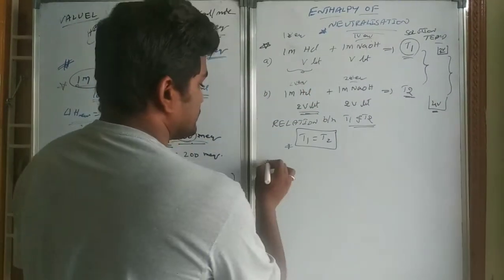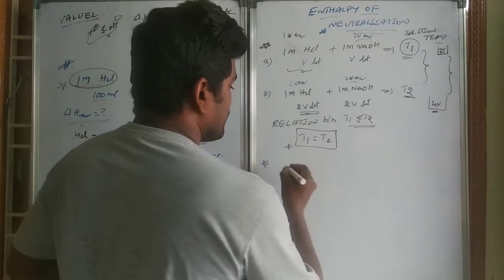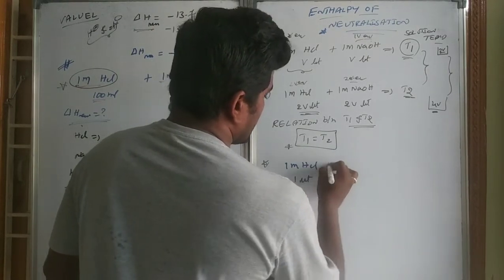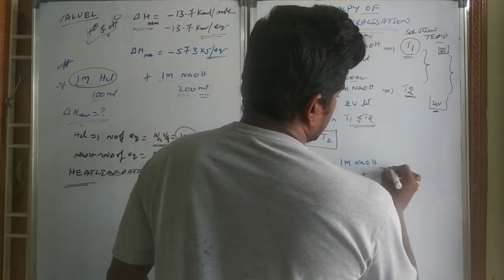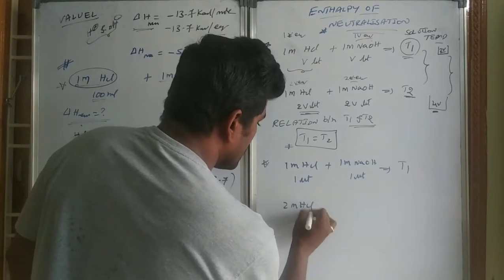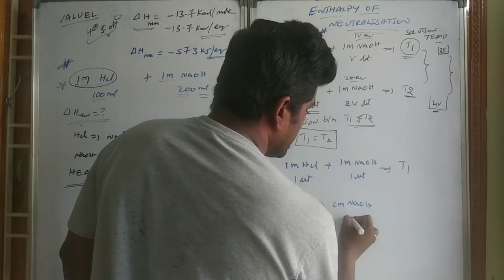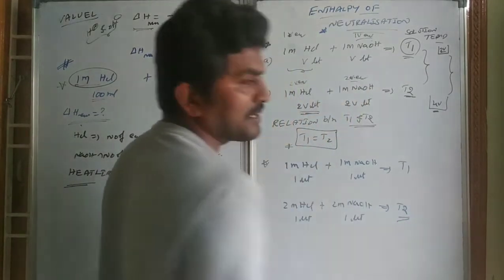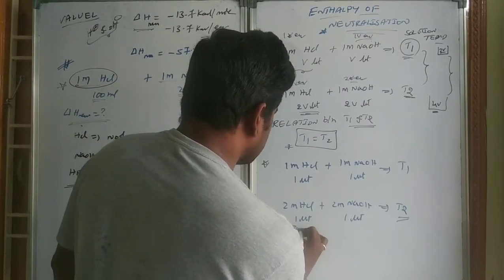In another case, 1 molar HCl of 1 liter and 1 molar NaOH of 1 liter reacted. The temperature was T1. 2 molar HCl of 1 liter and 2 molar NaOH of 1 liter are mixed with one another. The temperature was T2. What is the relation between T1 and T2?